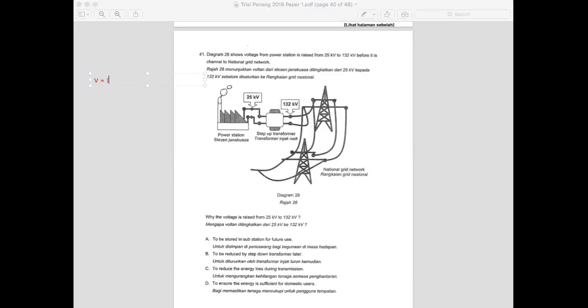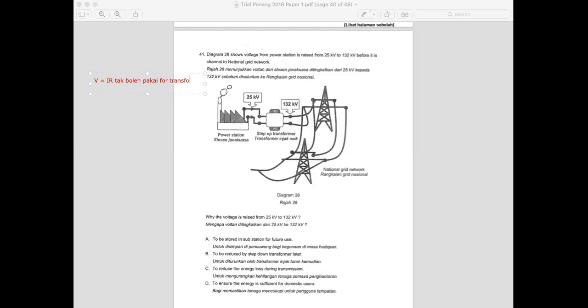Oh no, because this is a transformer. A transformer cannot follow Ohm's law. It is about VPIP, the input power, equals the output power VSIS. You must use that formula: input power VPIP equals VSIS.